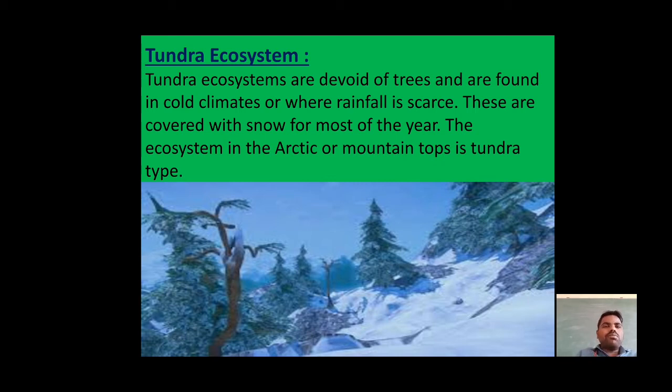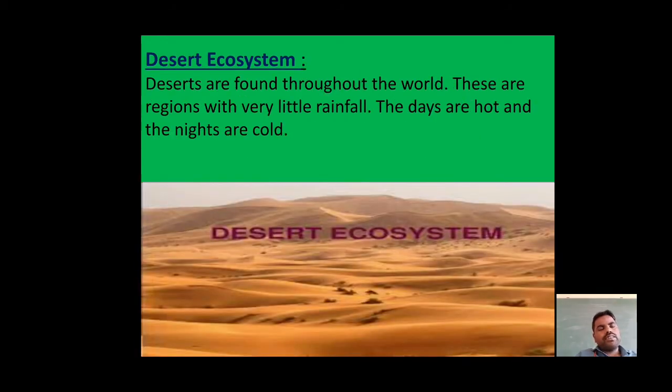These are examples of the tundra ecosystem. Next one, the desert ecosystem. I will give some examples: the Gobi desert ecosystem. Gobi, not the food gobi; this is the name of a desert place. Next one is the Thar desert.